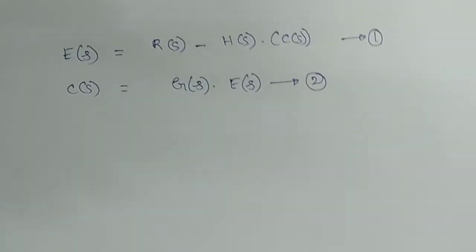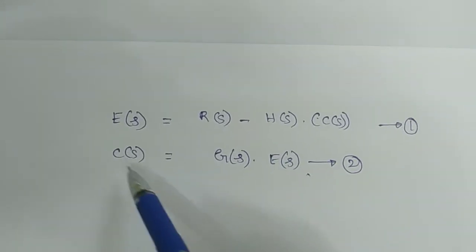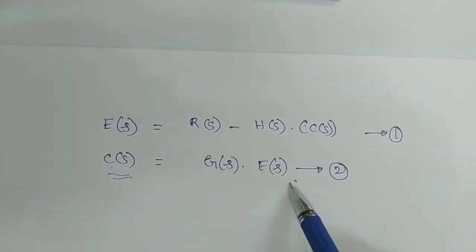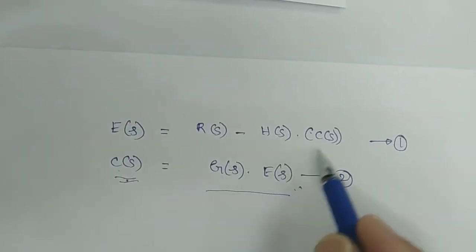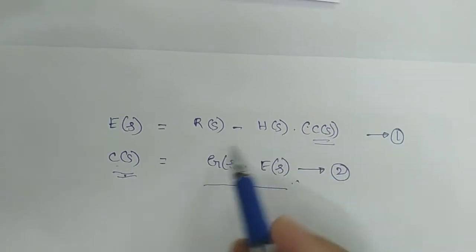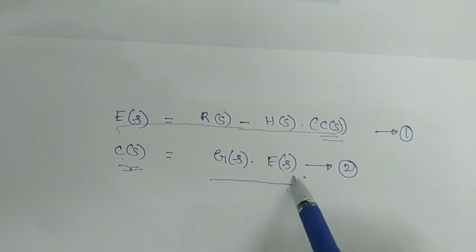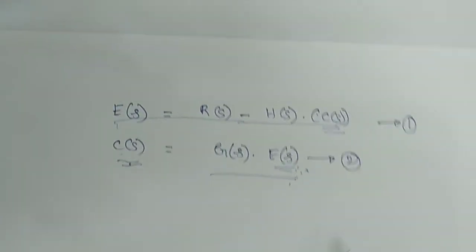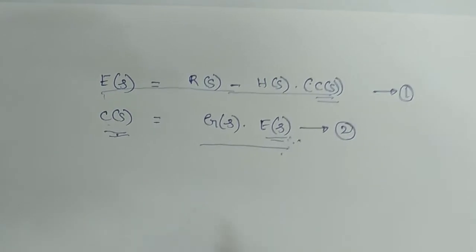Now you can do anything. Either you substitute equation 2 in equation 1, meaning wherever C(s) appears, you substitute this value, or otherwise you can substitute the E(s) value in the second expression. You can apply either.